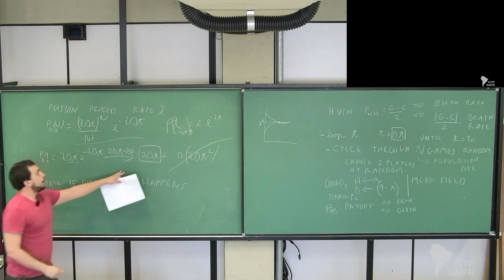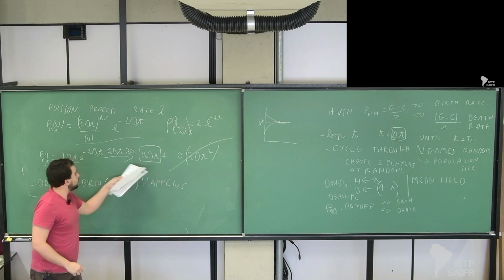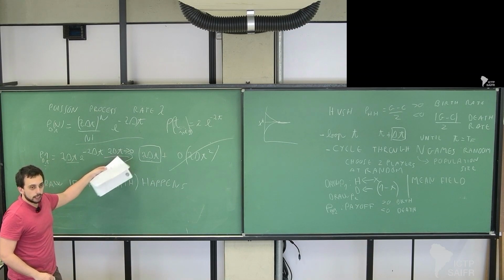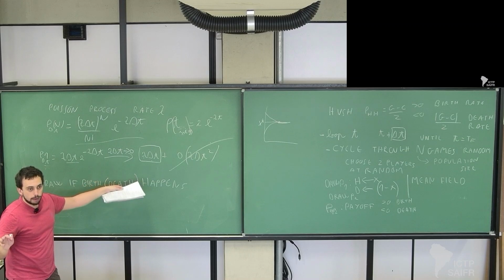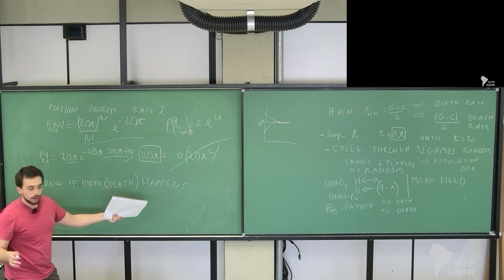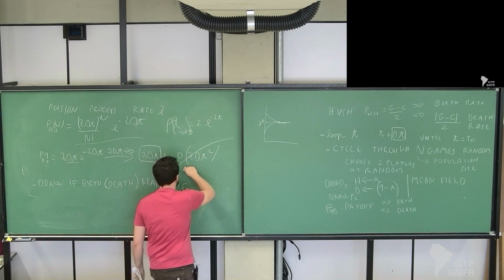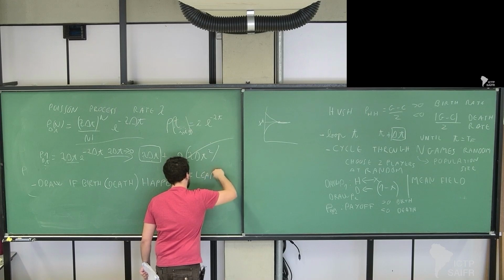So this approximation, as you can see, is only valid when lambda delta t tends to 0, which is why this is an approximated method to integrate stochastic systems. And this is called the Tau-leap algorithm.